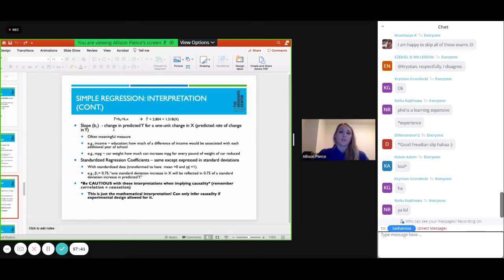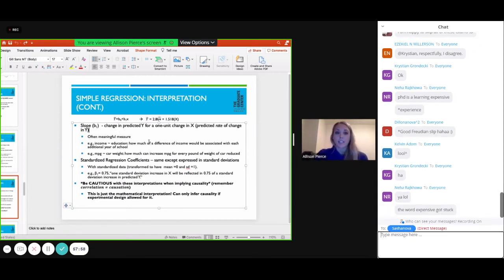Whenever you interpret your slope, so that was predicting your intercept, now the slope. So this 1.51 here is the change in predicted Y for a 1 unit change in X. You can also think of this as your predicted rate of change, and this often is quite meaningful. Let's think about an income and education model where we're trying to predict income based on education.